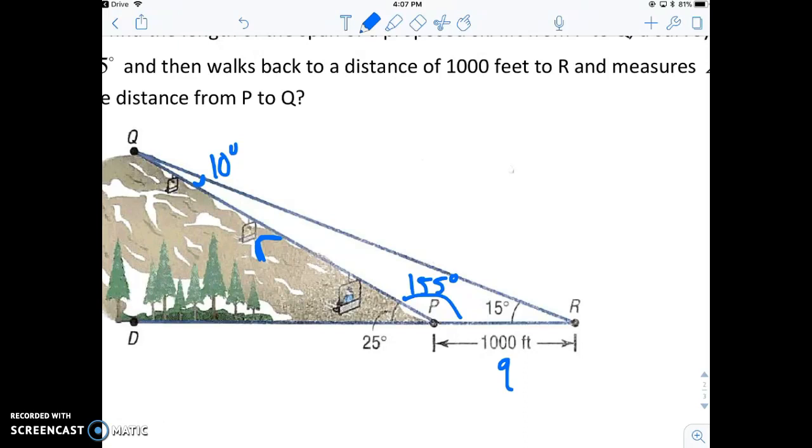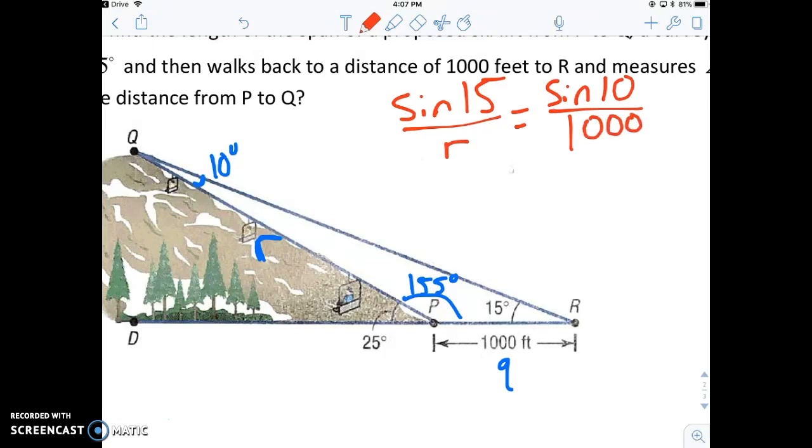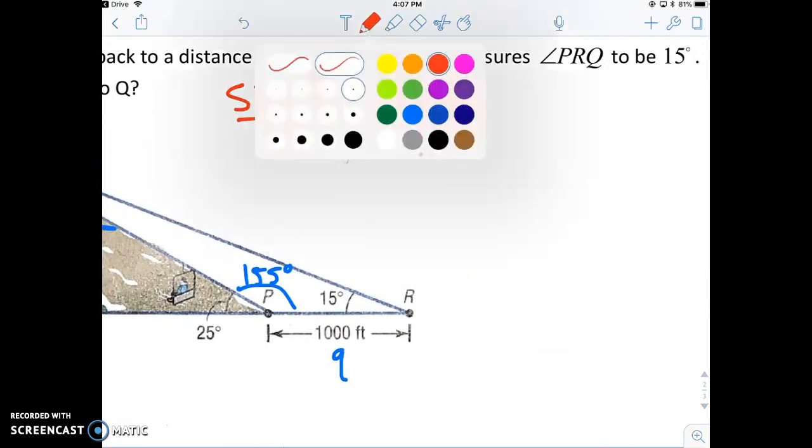So we can set this up as a law of sines problem, as the sine of angle R, which is 15, over side R, which we're trying to find, equals the sine of angle Q, which is 10, divided by 1,000 feet. Right?